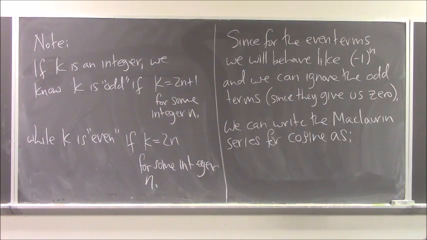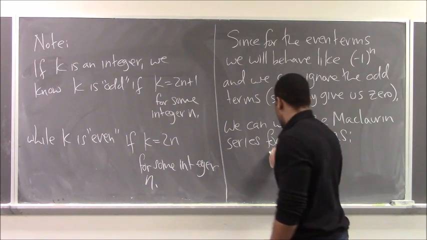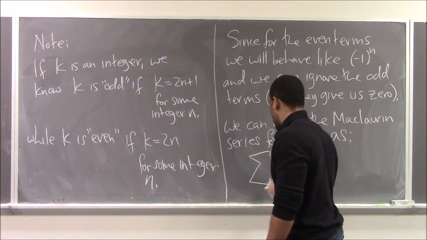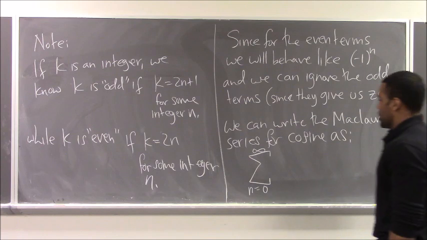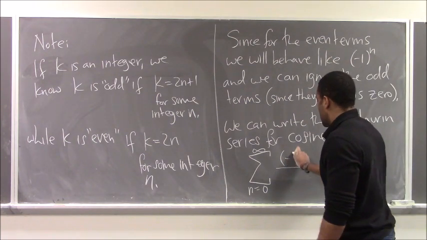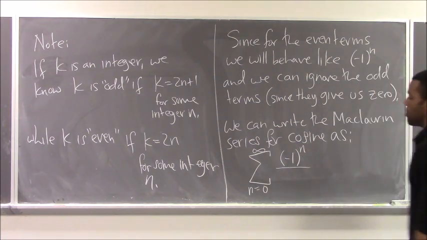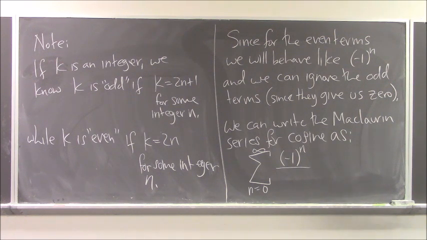Here's how we're going to look at the cosine. n goes from 0 to infinity. So now, I want it to behave like -1 to the n. But how do I make sure that it will only work for the even guys and I ignore the odd guys?